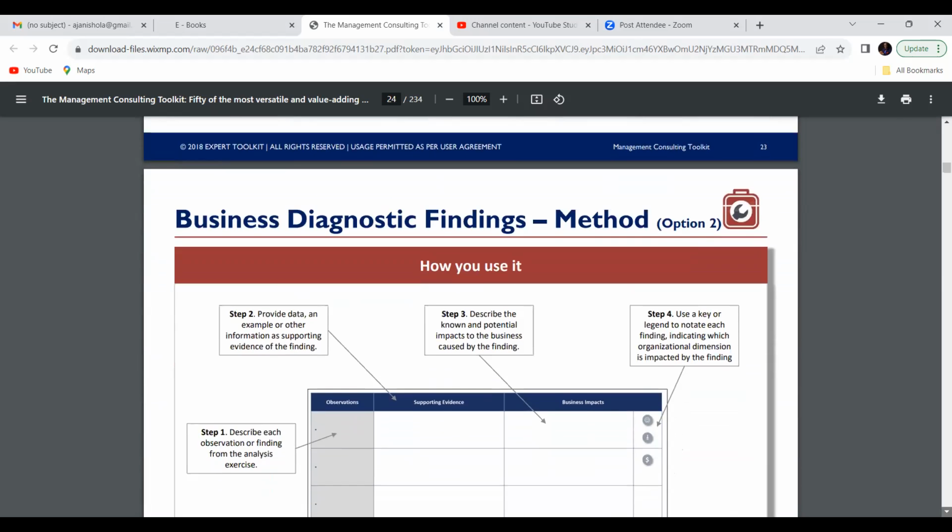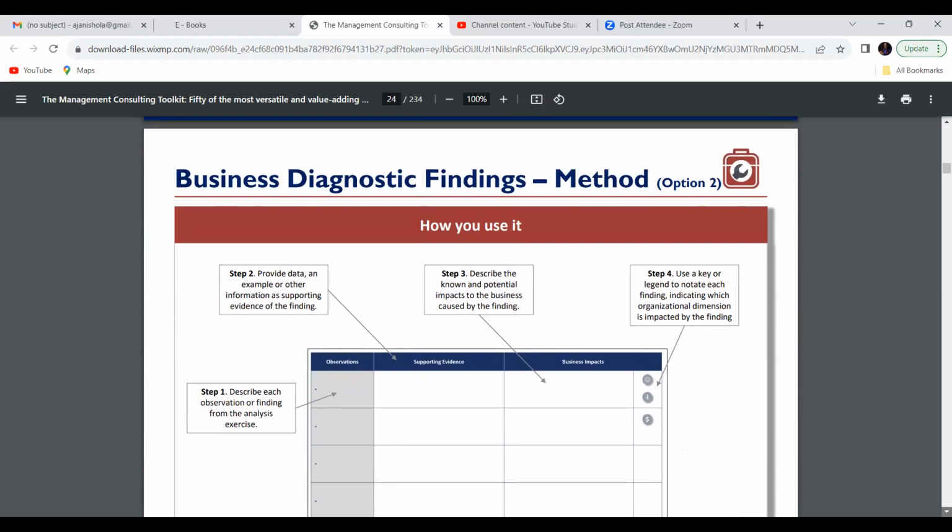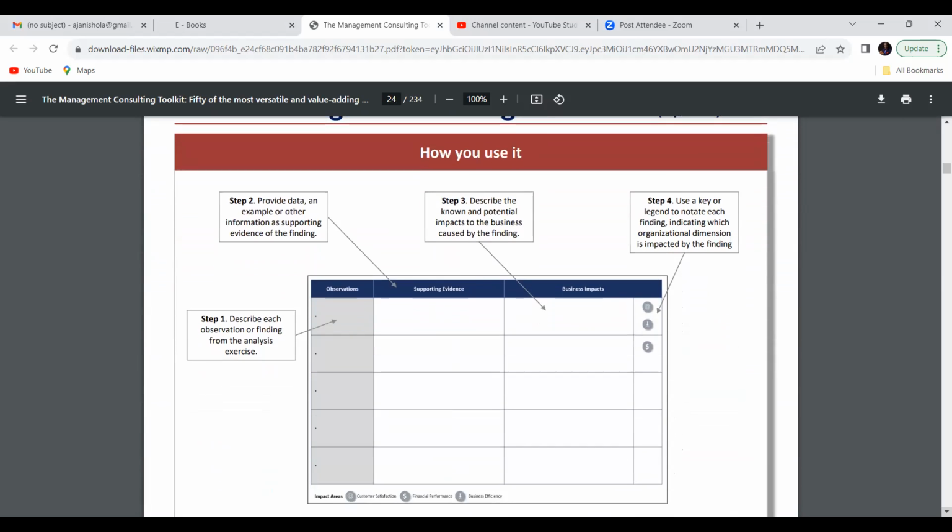Okay, so there's another template that you can use, and it is quite close to the first one. In the second option, again, you describe your findings based on departments. What are you finding? What are your observations? And then you back that up with empirical evidence. What is the evidence to support your observations?